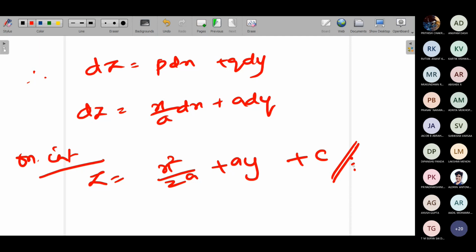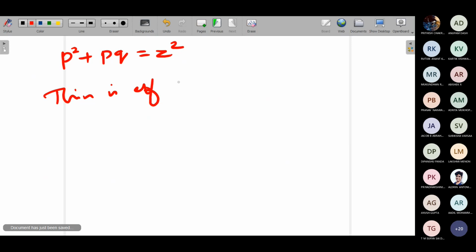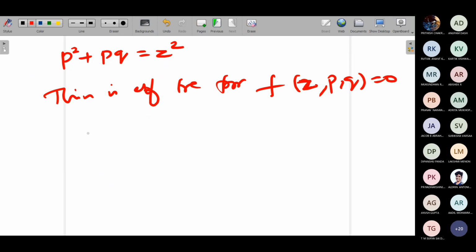Okay, next one, take down. Find the singular solution for the following: p square plus pq equals z square. So this is of the form f of z comma p comma q equal to 0.